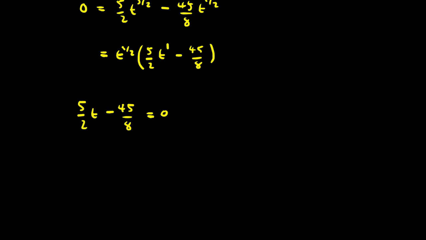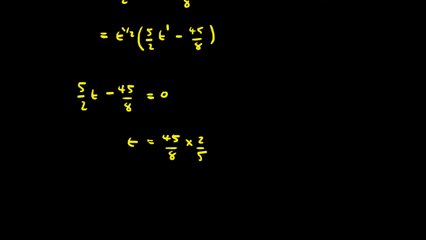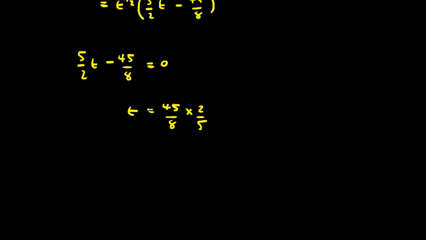If I rearrange that, then t is equal to 45/8 times 2/5. I can cancel off some things: divide top and bottom by 2, that becomes 4 there. Divide top and bottom by 5, and that becomes 9. So we've got t is equal to 9/4 seconds.